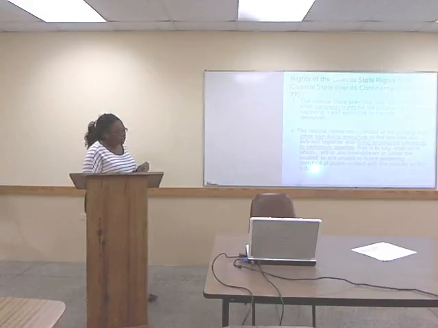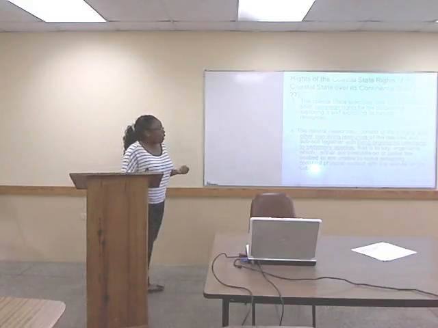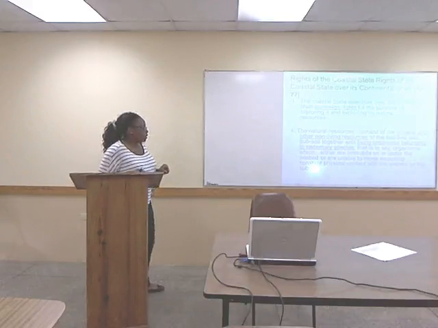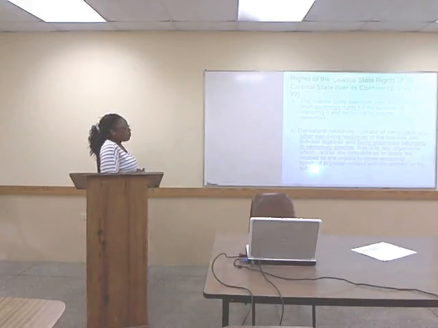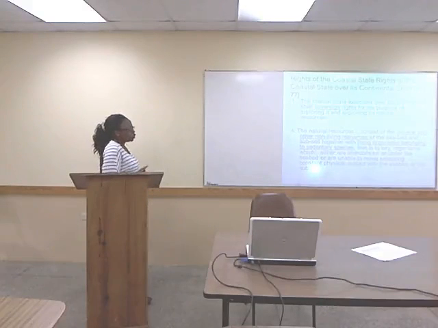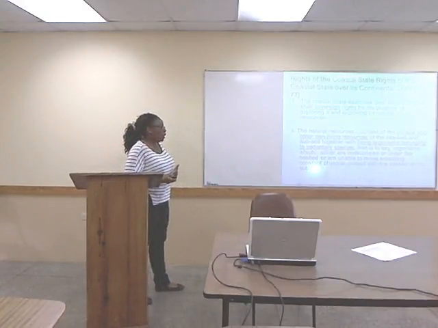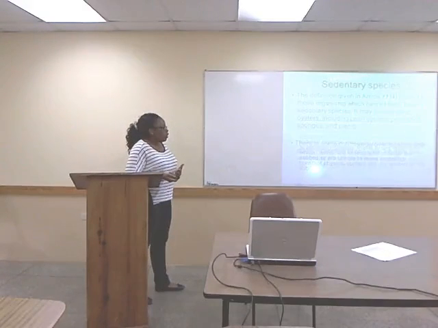When we think about natural resources in the seabed, we are talking about minerals and other non-living resources of the seabed and the subsoil together with living organisms belonging to sedentary species. And that is basically to say that we are talking about organisms which are either immobile on or under the seabed, or unable to move except in constant physical contact with the seabed or the subsoil.